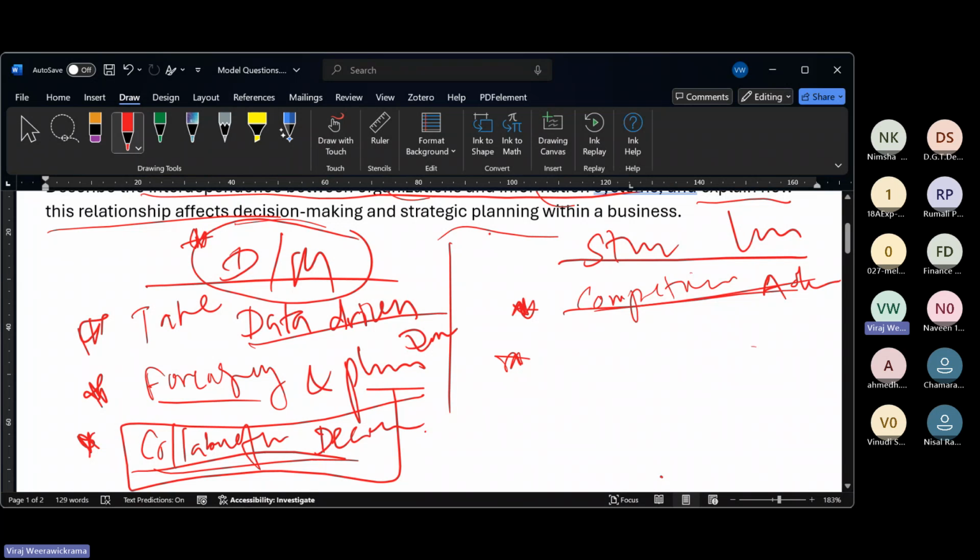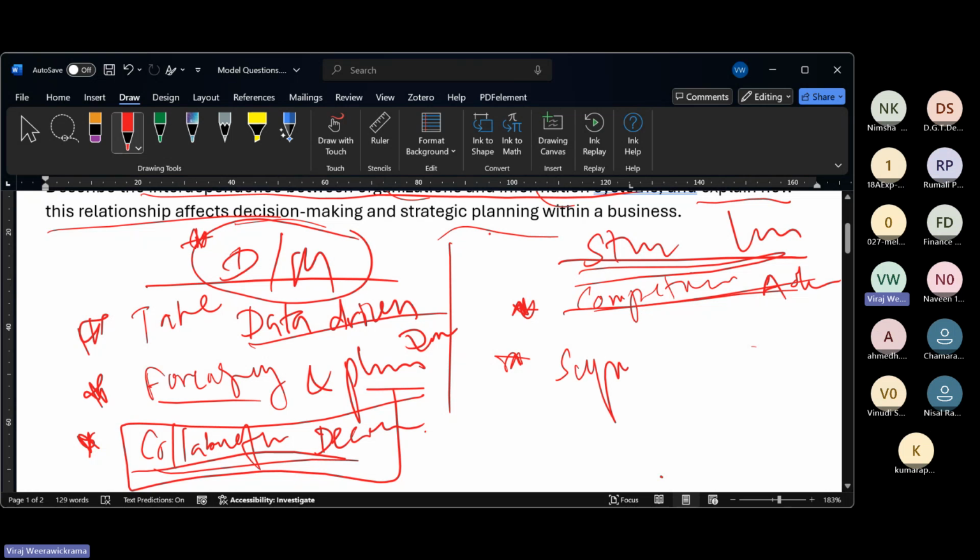Then here also, if you have a good, effective, or efficient information system, that will be your competitive advantage. And what else? When you have this kind of information system, definitely you can support your innovations. Strategically, you can achieve this, right? The innovations.